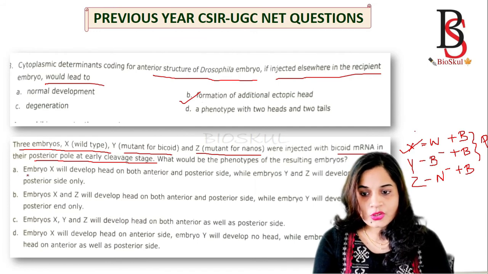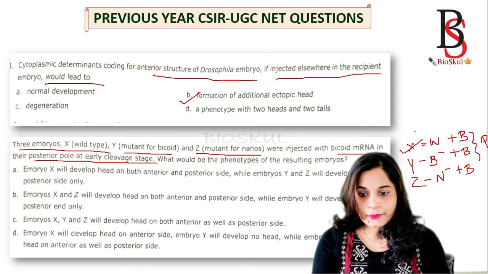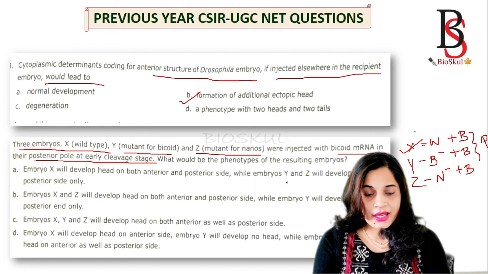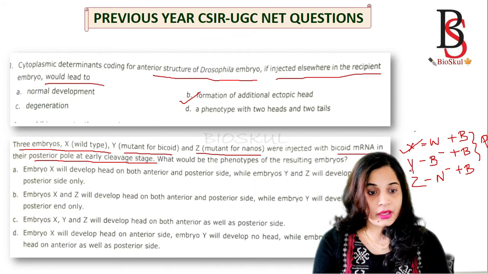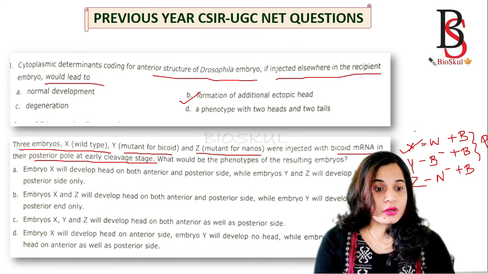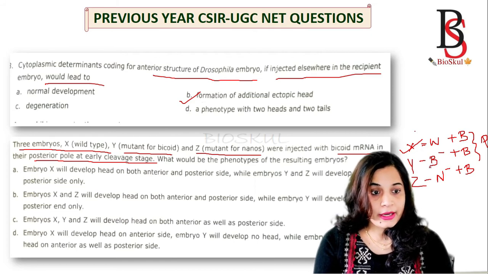So let's see the option. Embryo X will develop head on both anterior and posterior side, while embryo Y and Z will develop head on posterior side only. Okay, so let's see embryo Y. As embryo Y is deficient in bicoid mRNA, it cannot form the head at the anterior end.